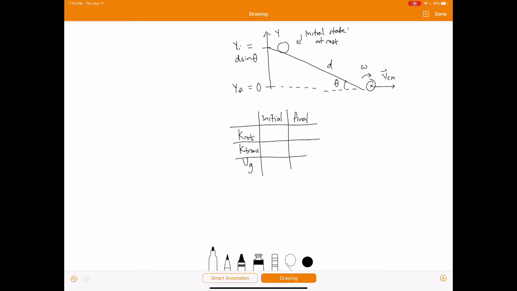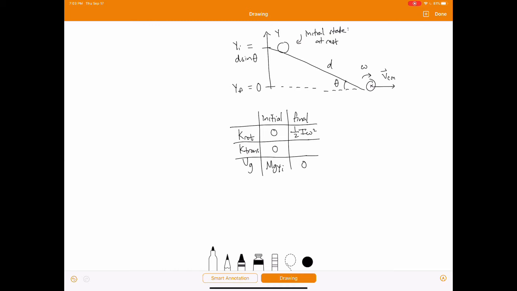So just like before, in the initial state, because we're starting from rest, both types of kinetic energy are zero. Also, the initial potential energy is mgy initial, but the final potential energy would be zero once we hit the bottom of the ramp. Then for the final rotational, we have 1/2 I omega squared.